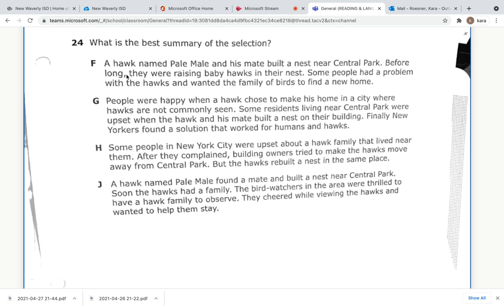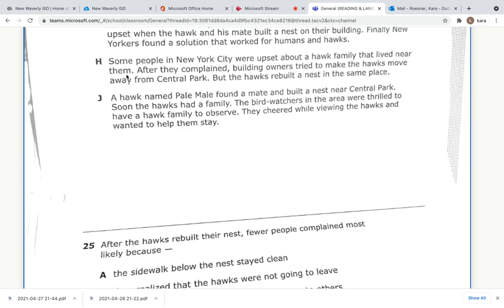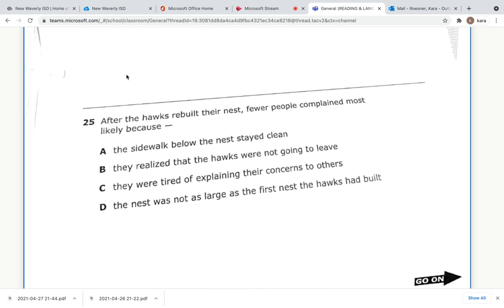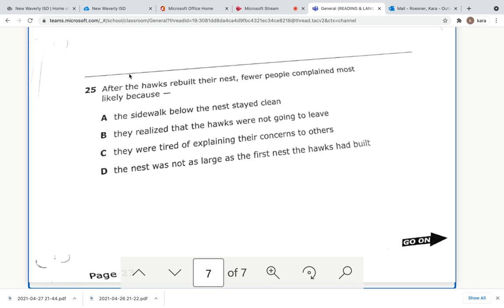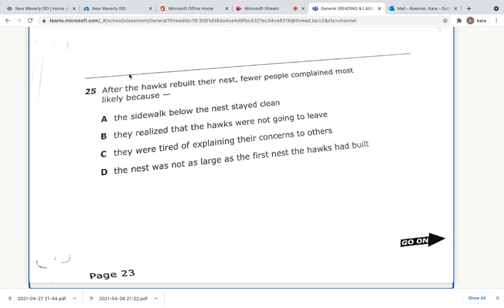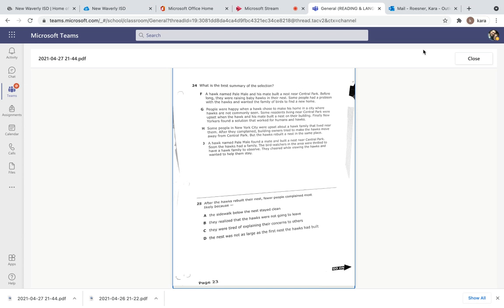They cheered while viewing the hawks and wanted to help them stay. Number 25. After the hawks rebuilt their nest, fewer people complained, most likely because A, the sidewalk below the nest stayed clean. B, they realized that the hawks were not going to leave. C, they were tired of explaining their concerns to others. Or D, the nest was not as large as the first nest the hawks built.